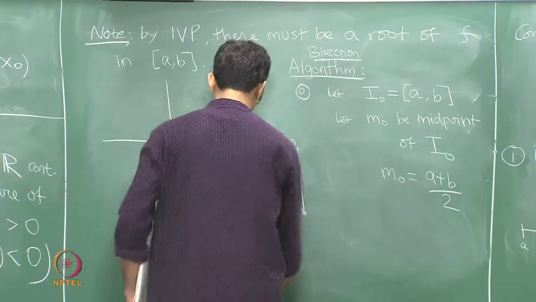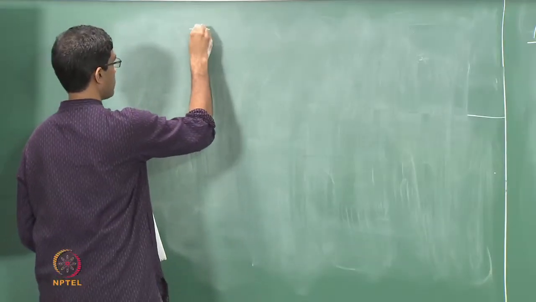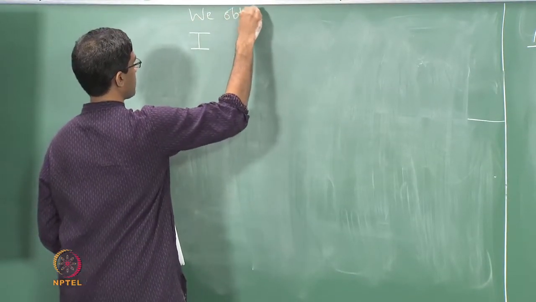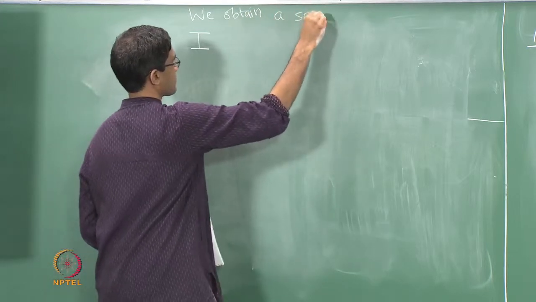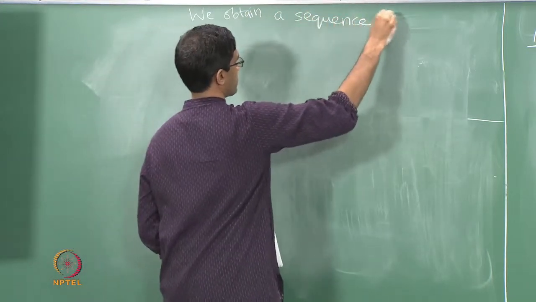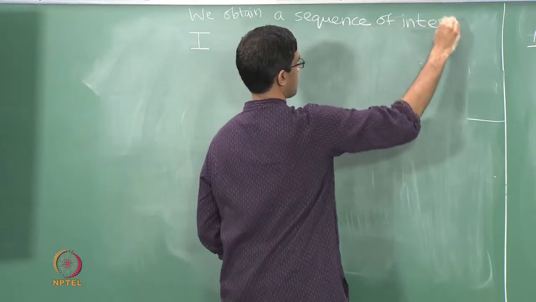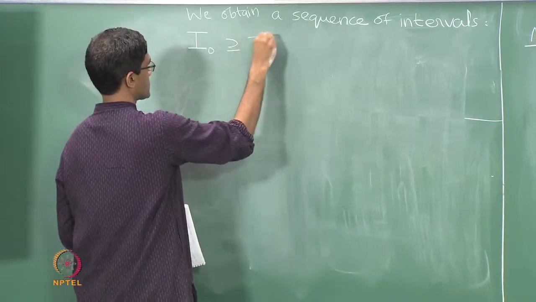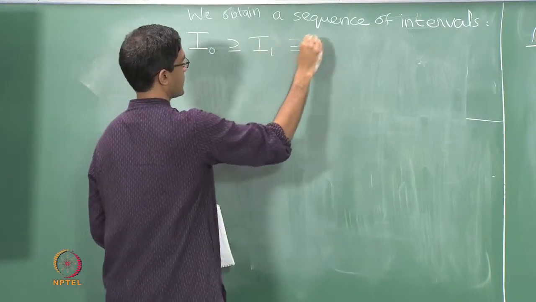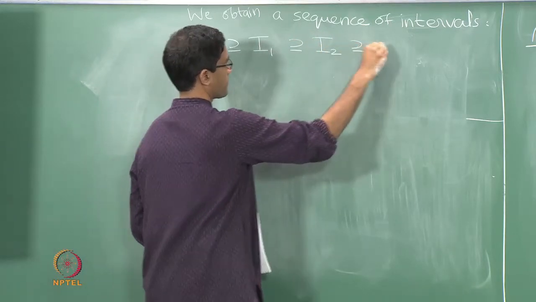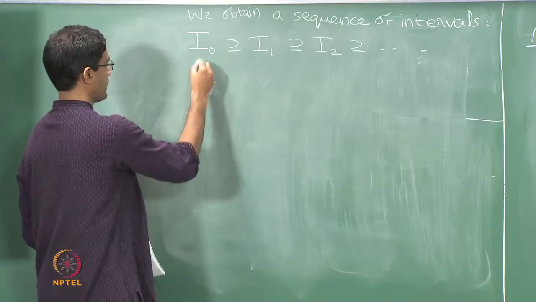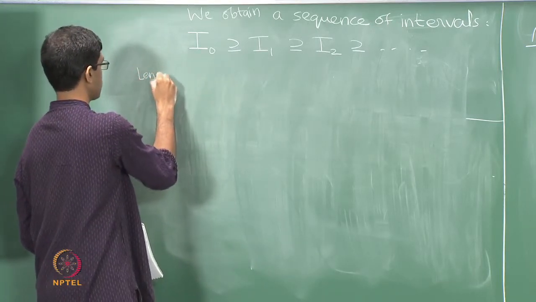So we obtain a sequence of intervals: I0, which contains the next interval I1, which contains the next interval I2, and so on, and the length at each step becomes half.